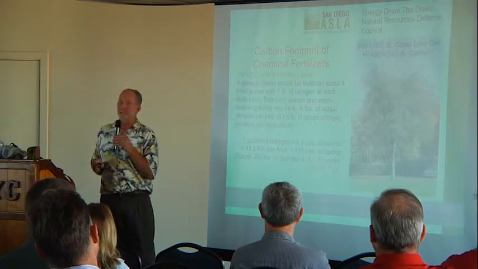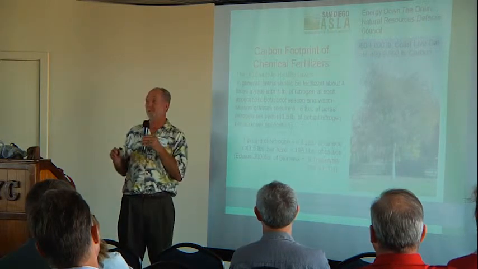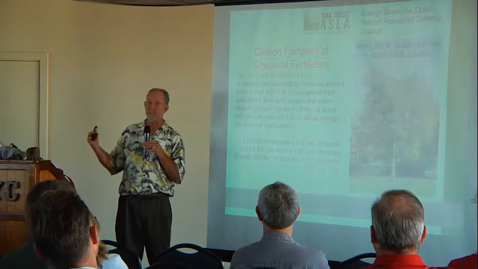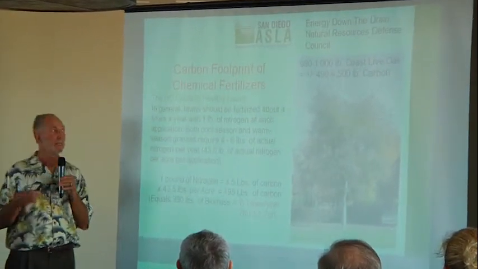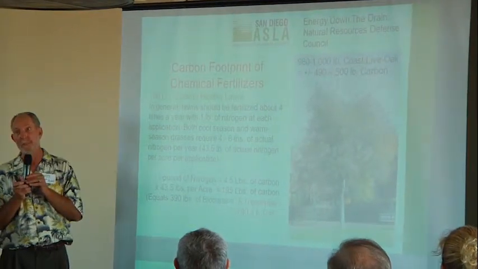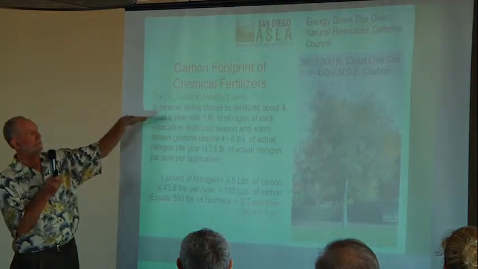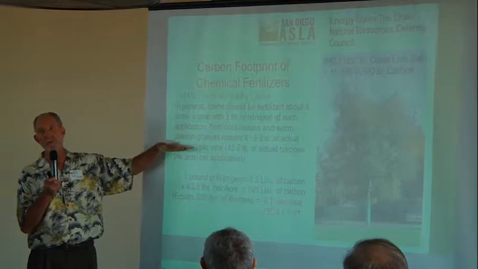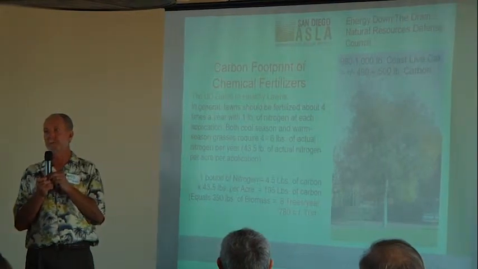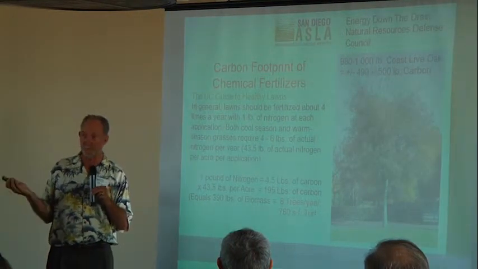You go to UC Davis, you go to their Sustainable Sites website, you read about best care practices for turf grass, and they come up with, at a minimum, you should be applying 1 pound of pure nitrogen on each application to your 1 acre of turf grass 4 times a year, and that's to keep it healthy, keep it functional.